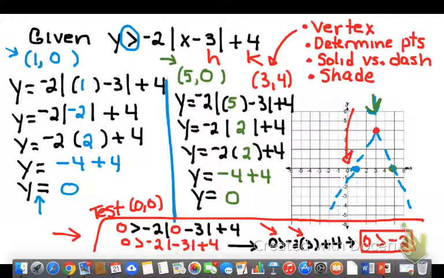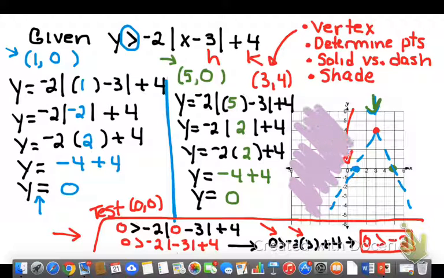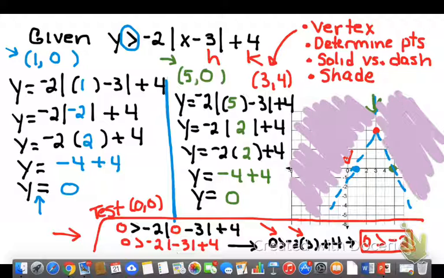So 0 is greater than negative 2. That's true. So that means we want to highlight or color in everything that's above the dashed lines. And remember, points that fall on those dashed lines are not solutions.